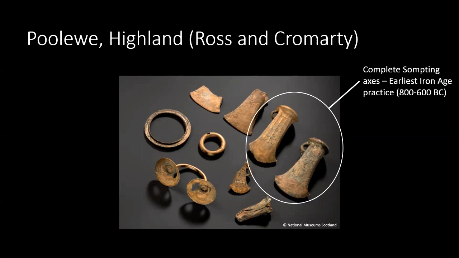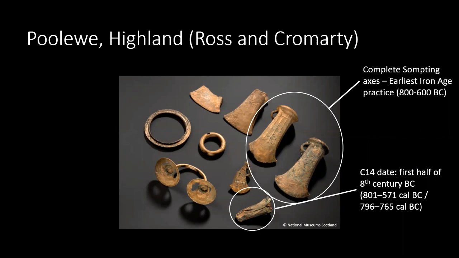However, Orton's work on earliest Iron Age socketed axes shows that these Sompting type axes provide a typological date of deposition around 800 to 600 BC. We've been very lucky with this hoard in that there is a piece of wood preserved in one of these axes, which gives us the first date for a hoard of this period, falling within the first half of the 8th century BC.